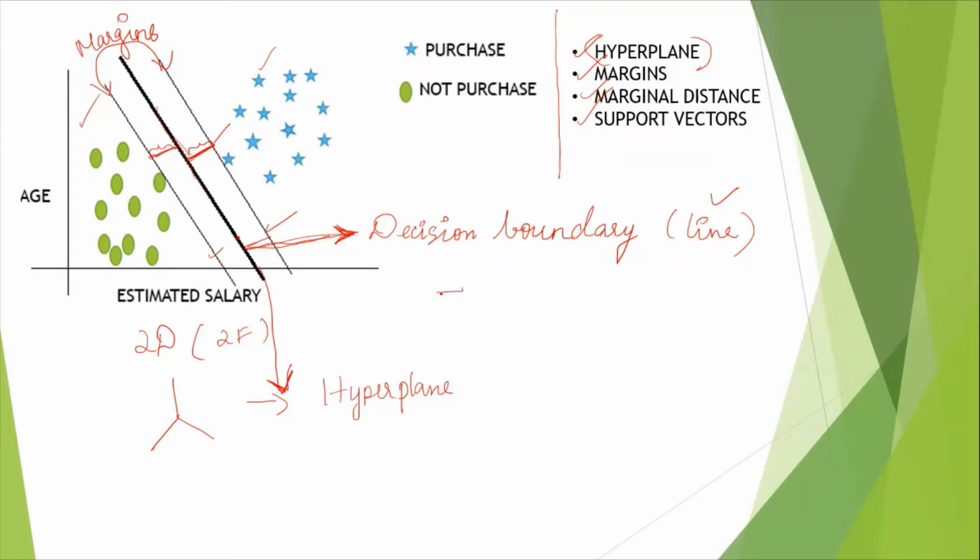So what is a very good model, or a generalized model, we say? A generalized model will have the maximum marginal distance. Why maximum marginal distance? What could happen if it is small?